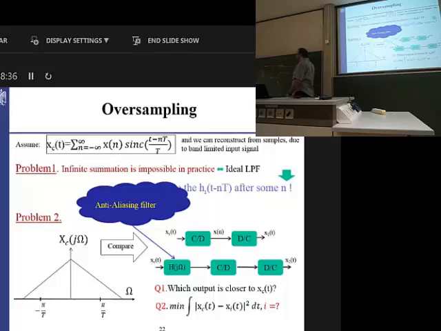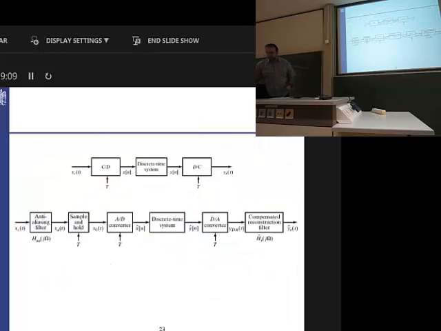When I say analog filter, it means using inductors and capacitors and resistors and so on. So in many cases, when you have a sound card or you have capturing for video, you have something in the beginning which is analog, and it's called the anti-aliasing filter. If you don't use it, the quality of the signal in the end will be much less. So that was the intuition behind the anti-aliasing filter.